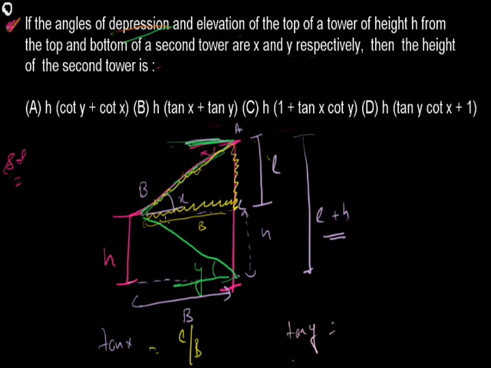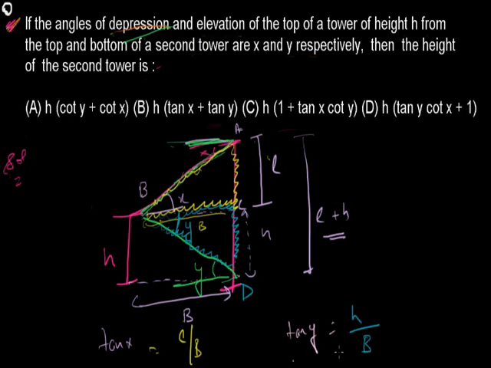Now let me see this triangle BCD. Watch this triangle BCD, precisely you can say this is y, therefore this angle has to be y. If I apply the trigonometric ratio tan y here, that means perpendicular upon base. Perpendicular is h upon base is b, so tan y is h upon b.